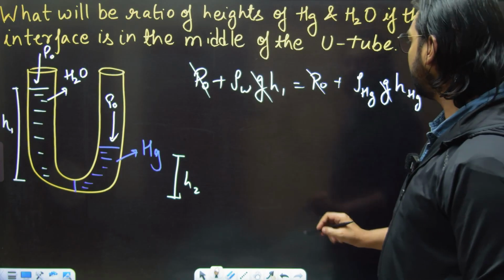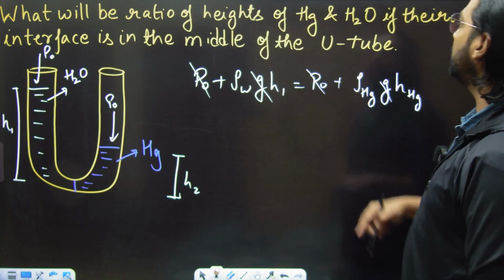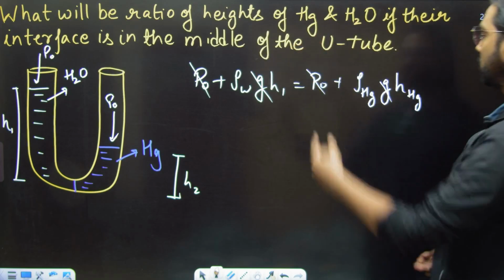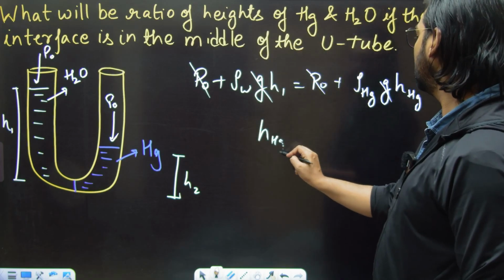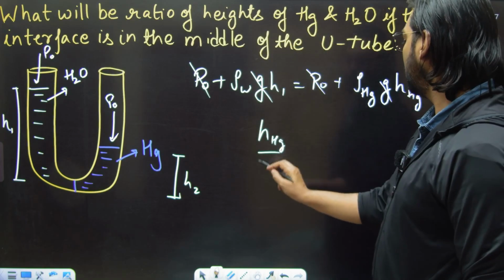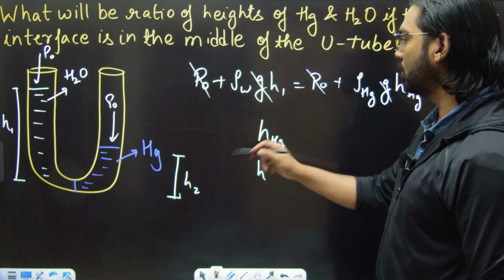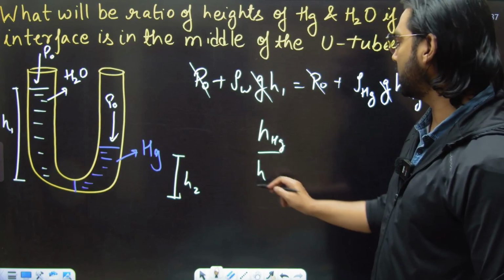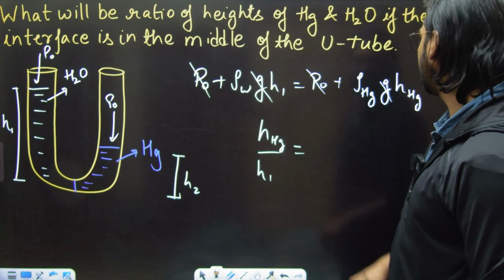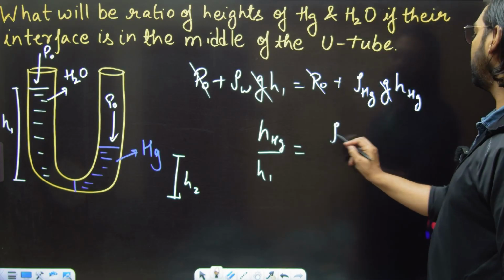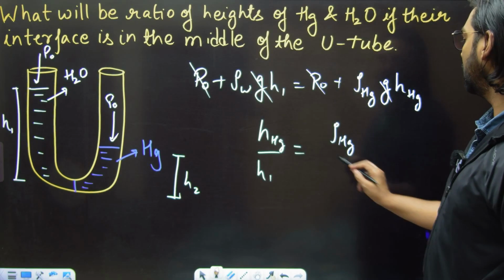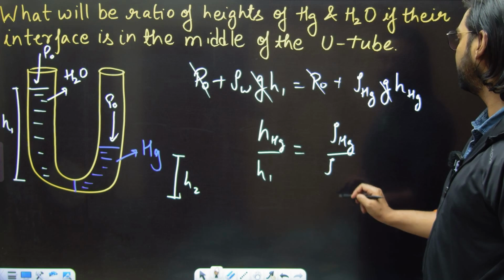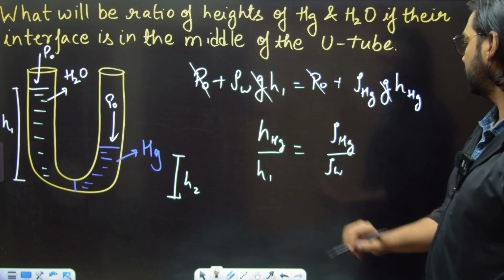What is he asking? He's asking the ratio of heights of Hg and H2O. So height of Hg upon height of H2O, where we have put this as H1. That's our answer basically, it should be density of Hg upon density of water.